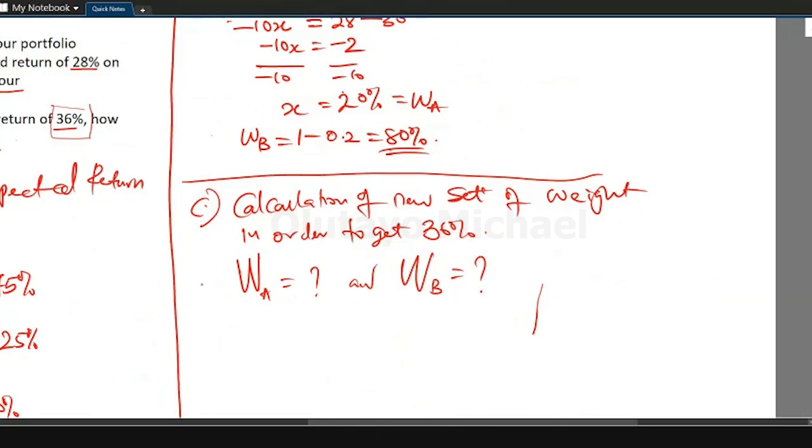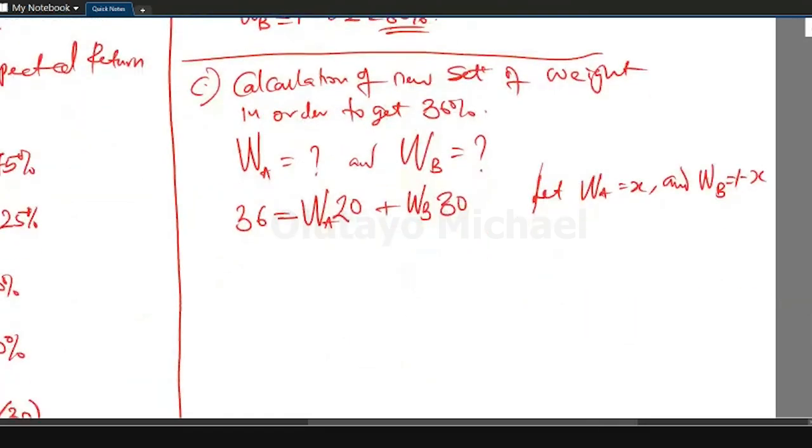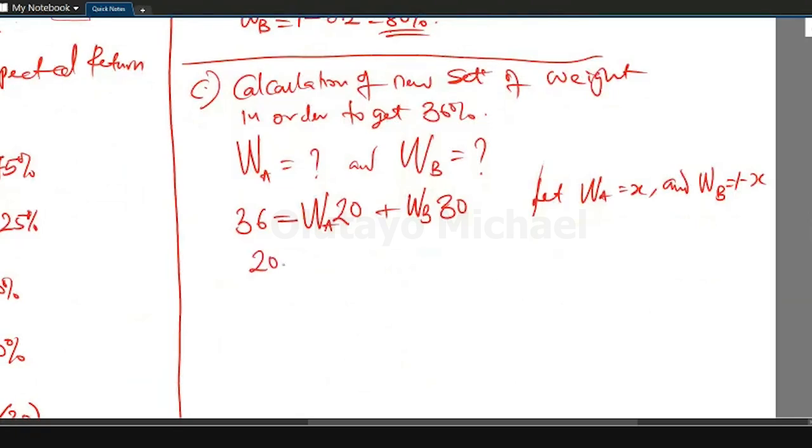I will put it down now as 36 equals weight of A times return of A, which is still 20, plus the weight of B times return of B, which is 30. Following the procedure, let weight of A equal X and weight of B equal 1 minus X. When we substitute, we have 20X plus 30(1 minus X) equals 36.